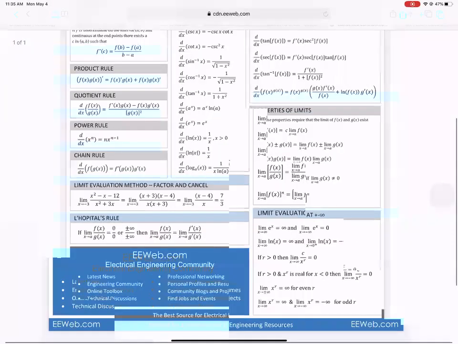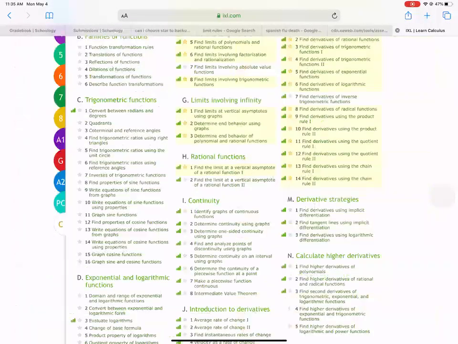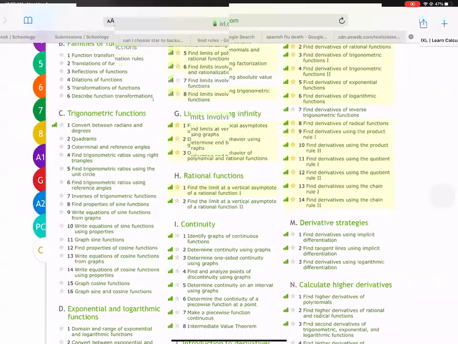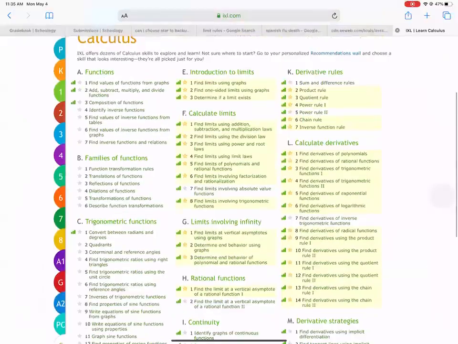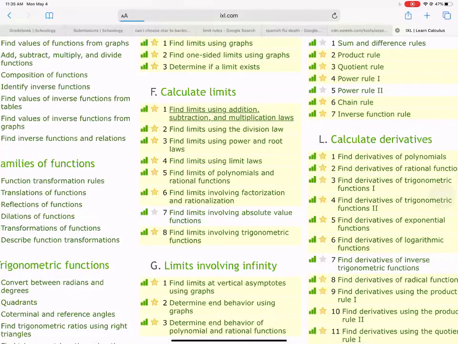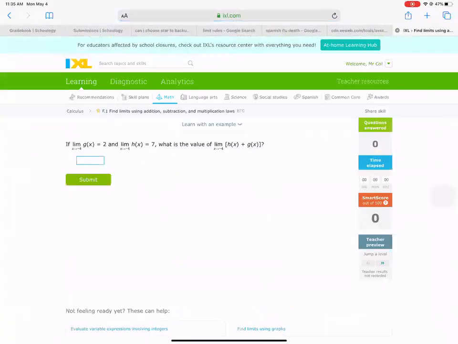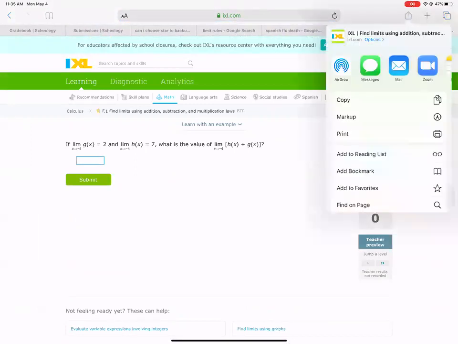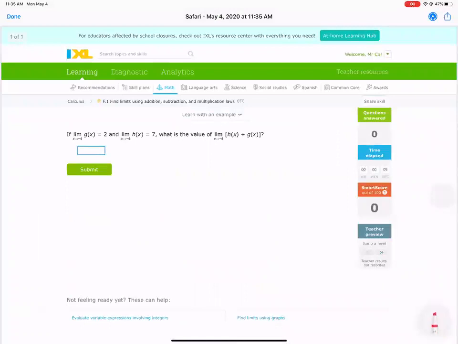Okay, let's look at some quick IXL problems, just as an example of what you guys are going to do today, and then we'll call it a day. So you guys are doing F1, 2, 3, 4, 5. First one is adding, subtracting, and the multiplication laws. Now, here is the statement here, and these are my values.